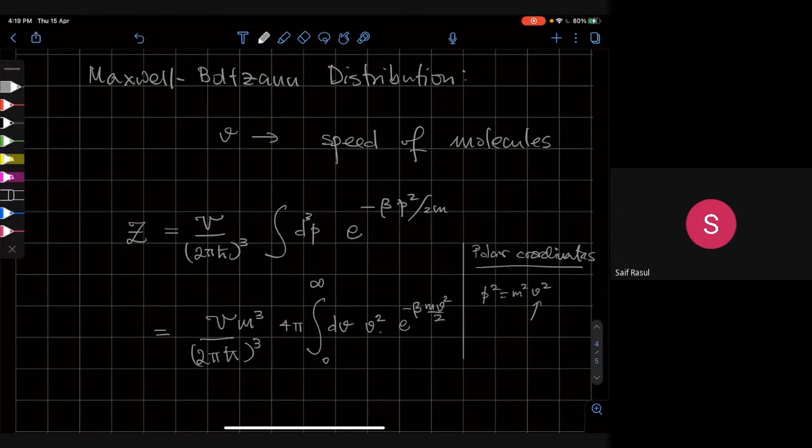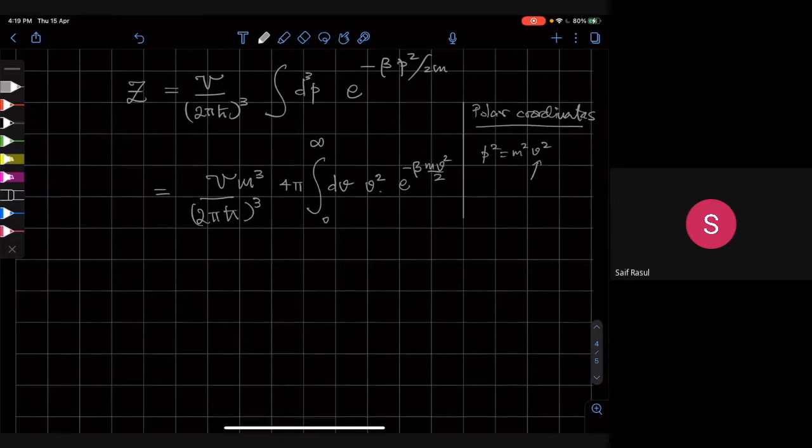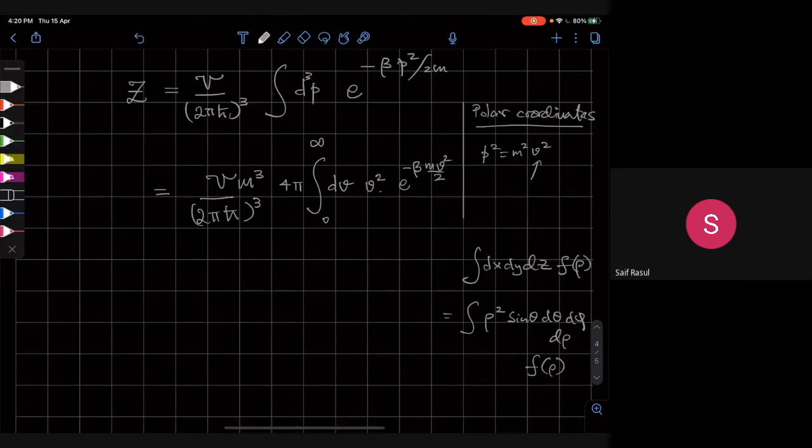Sir, by measure, do you mean units? No, I mean, if you have dx, dy, dz and you go to polar coordinates, what do you get? You get rho squared, then sine theta, d phi, d rho, right? And you have some function which is just a function of rho.